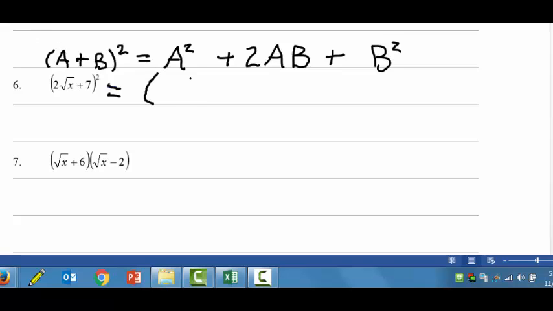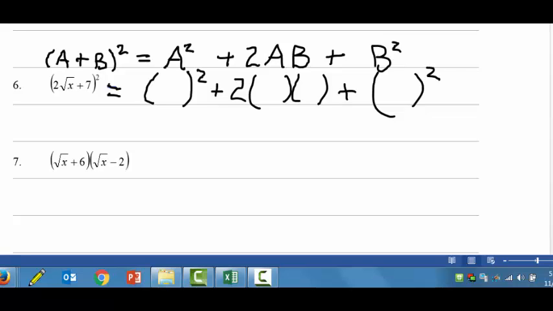This is going to be a squared plus 2ab plus b squared. And I just have to identify what my a is and what my b is for this particular problem. a is 2 times the square root of x, and b is 7.